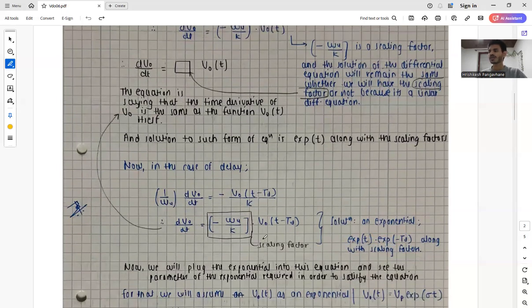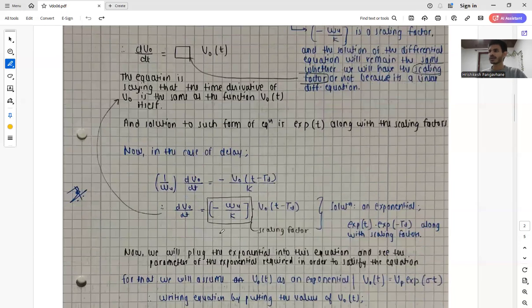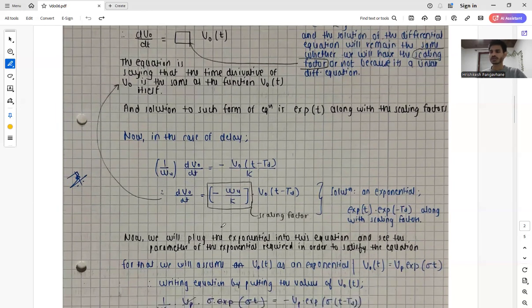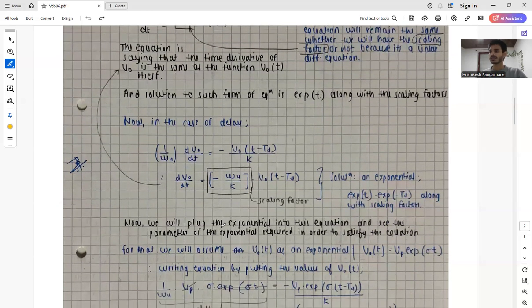Now we will plug the exponential into this equation and see the parameters of the exponential required to satisfy the equation. For that, we will assume v naught of t as an exponential, as we saw that the solution to this equation is basically an exponential.